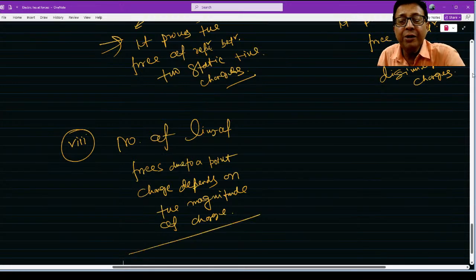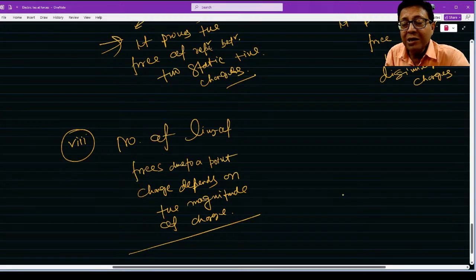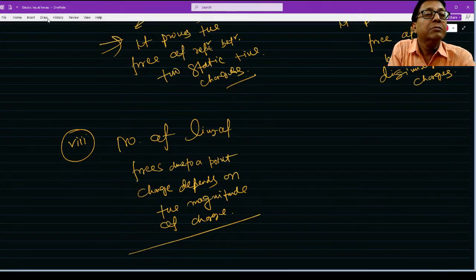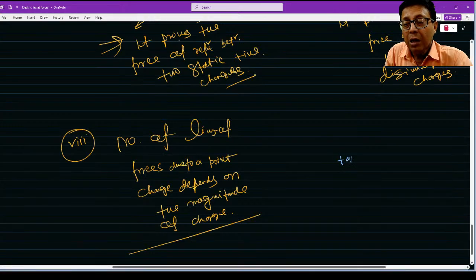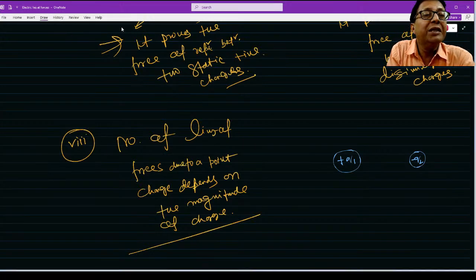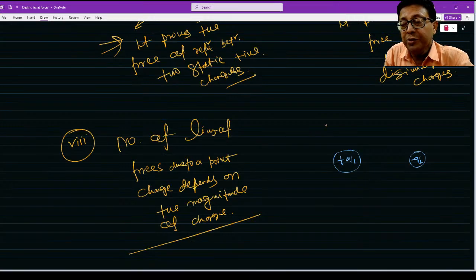Okay, it depends on the magnitude of charge. I'm just drawing a diagram for better understanding. I'll ask you to compare the lines of forces, compare the magnitude of these two charges. Drawing lines of forces here. And then you decide what's the ratio between these two charges.